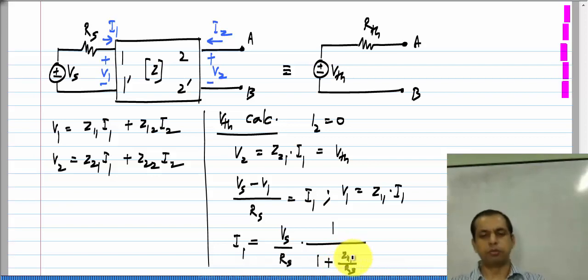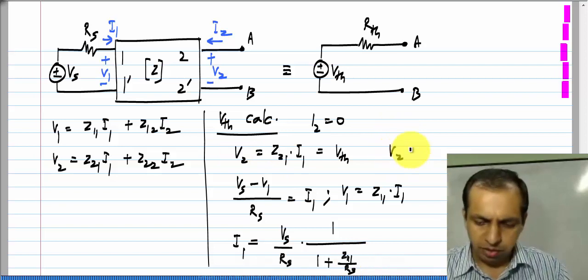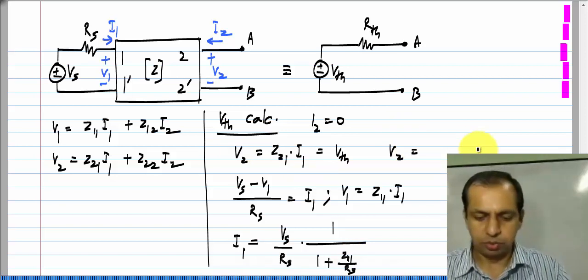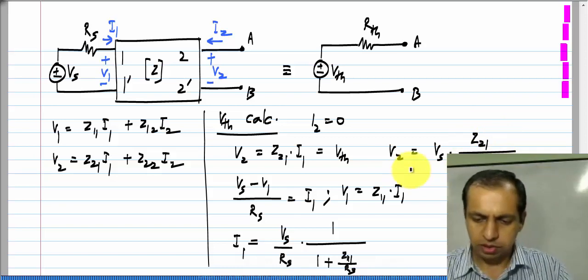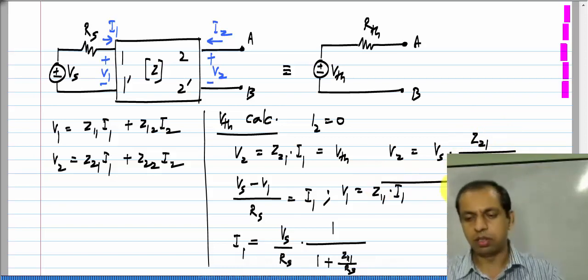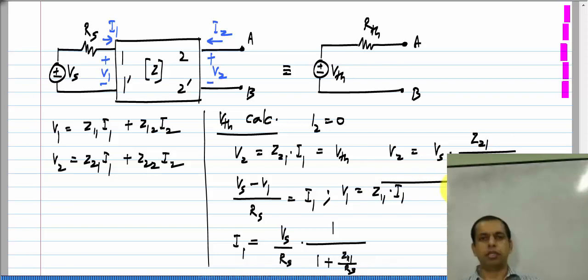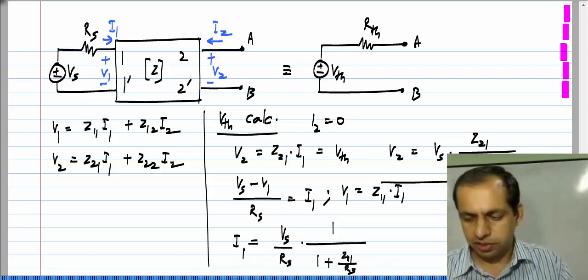Okay. So, this is what comes out of the calculation, and V2 will be simply Z21 times this value. So, it is Vs times Z21 divided by Rs plus Z11. Okay. So, in this particular case it happens to be Vs times Z21 by Rs plus Z11. Now, we also have to find the Thevenin resistance.